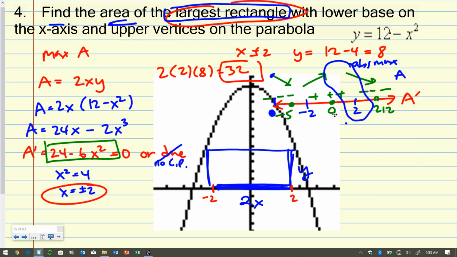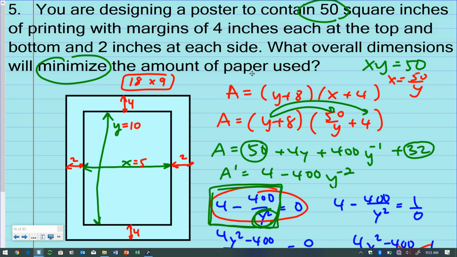When is this my x or my y? I forgot. My x. It's when x is 0. Or guys, if x is 0, what's going to happen? Like you're not even going to have an area. Does that make sense? So you would just disregard that answer. This will be your absolute max. All right. Again, you don't have to justify. We just did that for fun. Wasn't that fun? Yes. Okay, that's what I thought.